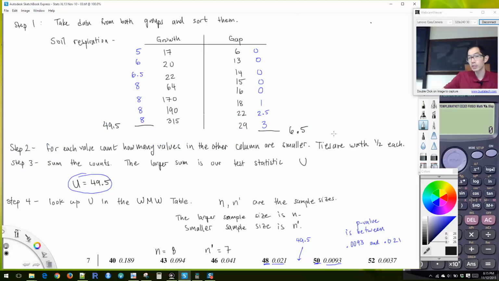Our data seems to indicate that the soil respiration numbers from the growth section are much higher than the soil respiration numbers in the gap section. Right?